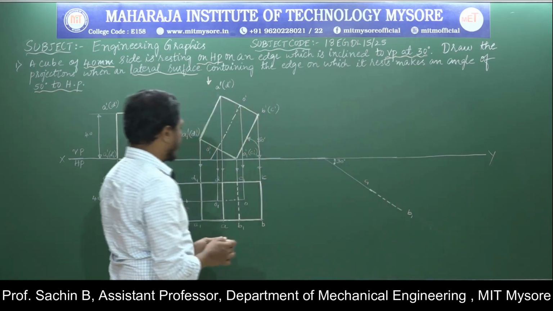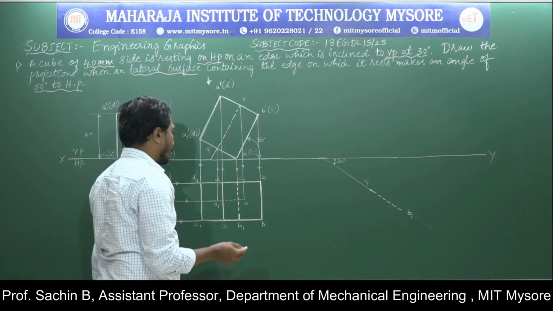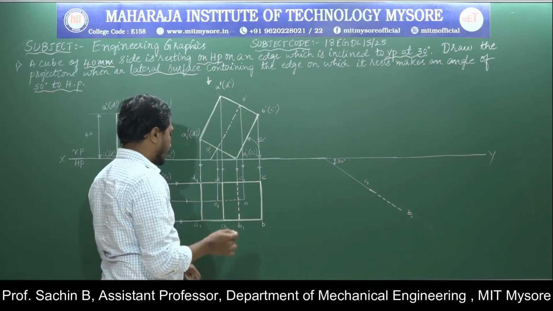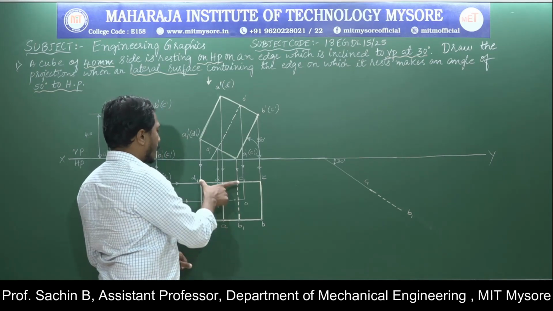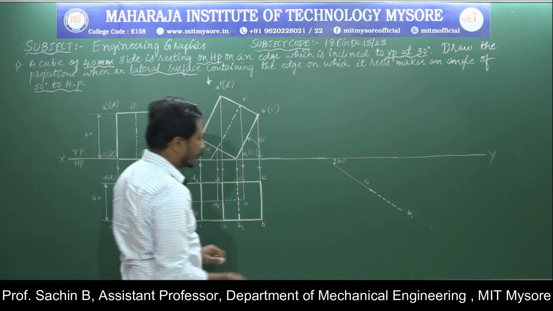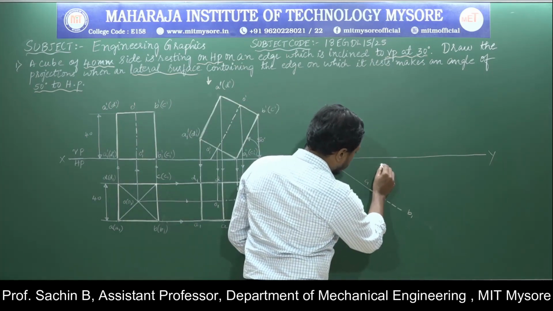Now, how to get the remaining edges? It's very easy. We already know how to construct the square lamina in the planes, and we have come across a few problems on square pyramids. First, I will measure from C1 to C and put an arc.